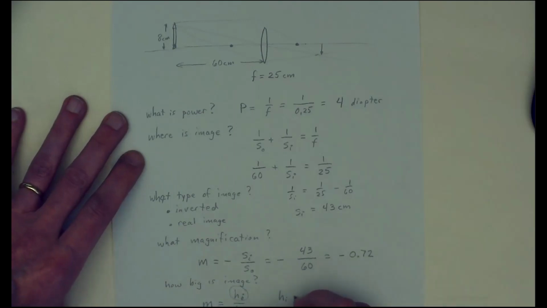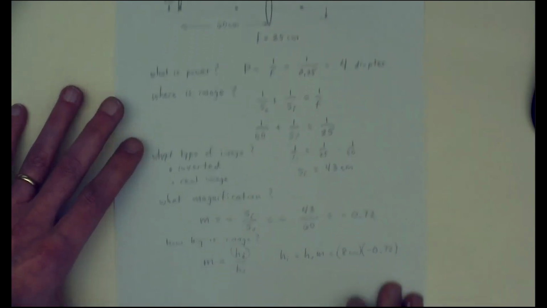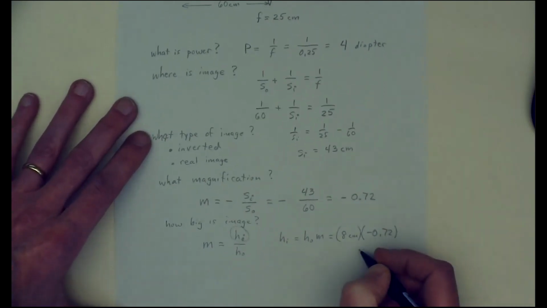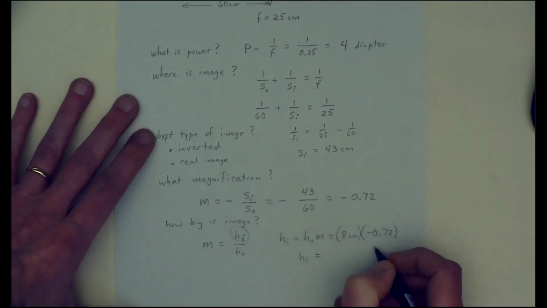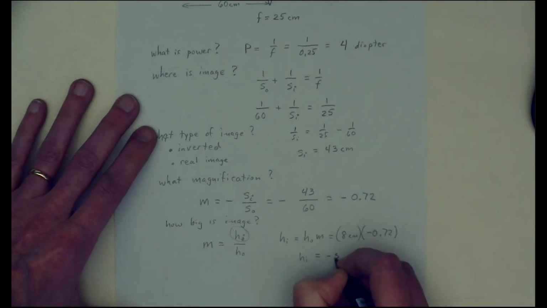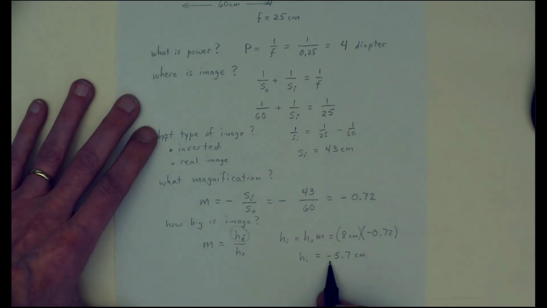So h_i is equal to h_o times m. The object is 8 centimeters, and our magnification is minus 0.72. And so we're going to get an image size of minus 5.7 centimeters. Minus, again, meaning it's upside down, and 5.7 tells us it's a little bit smaller.